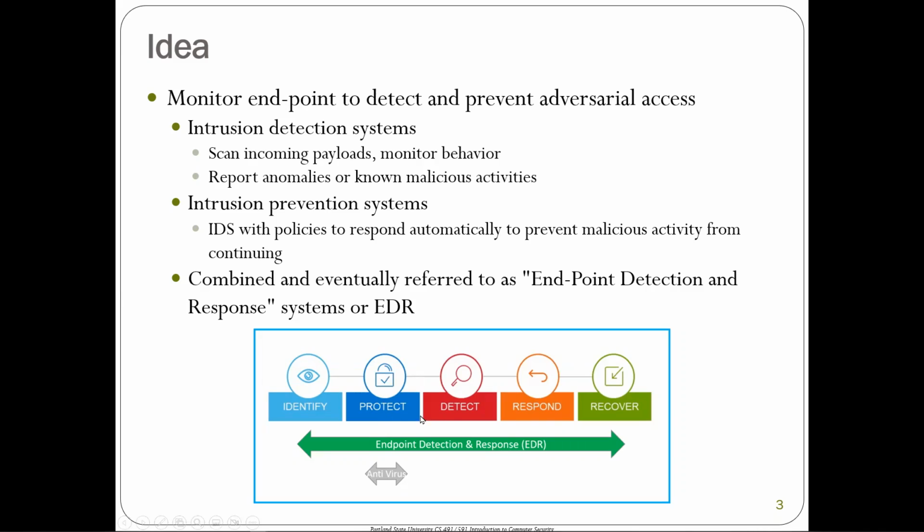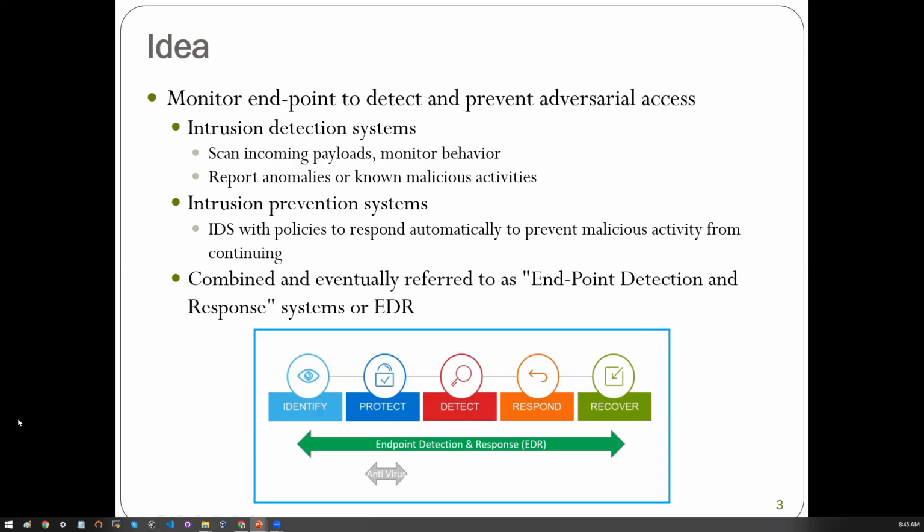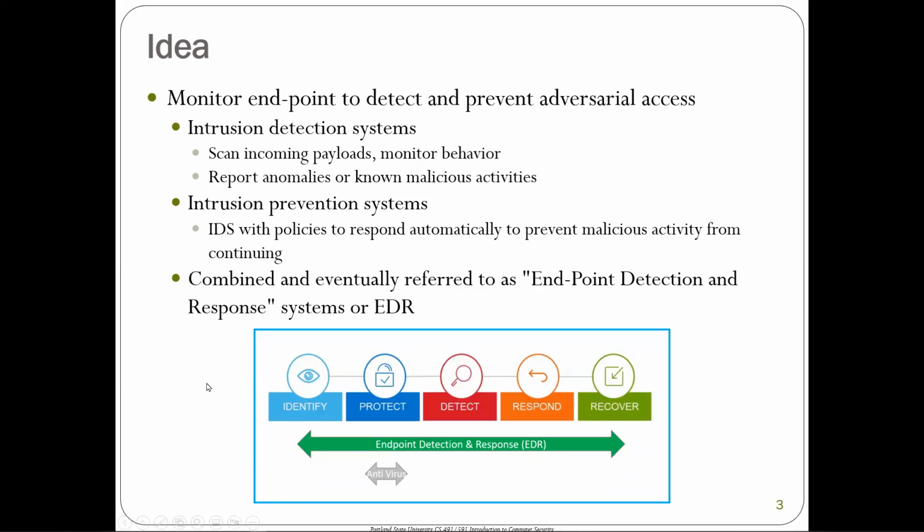This is part of the protection. You can detect when stuff gets through and then identify compromises, and then you can automatically respond. And if you're really advanced, you can automatically recover from all of this. This is what EDR is attempting to do on the back end. Okay, so that's the general approach for EDR.